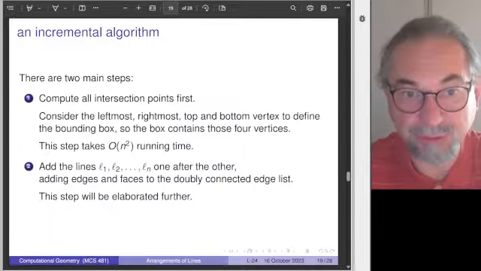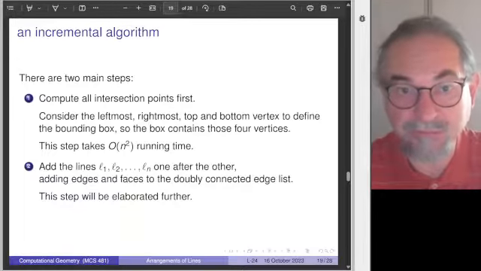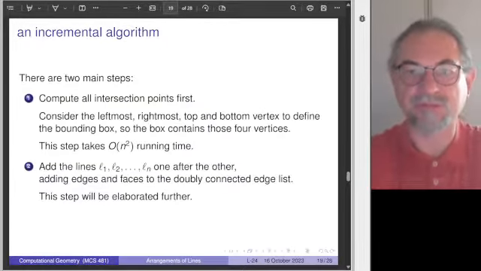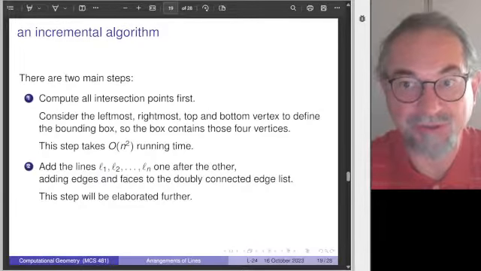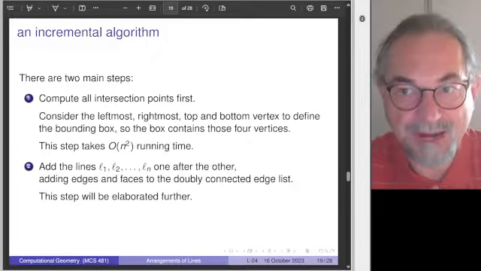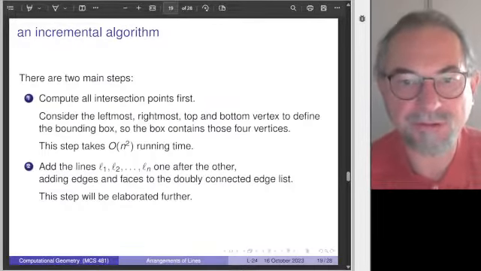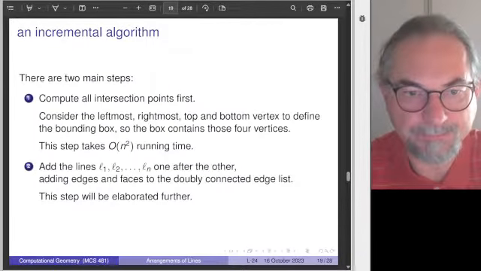So step one should be clear. Also the running time is n square. The big O means that the 1/2 doesn't really matter; in some sense it's n times n minus 1 divided by 2. In practice, the 1/2 may matter a lot, but for asymptotic complexity it does not.